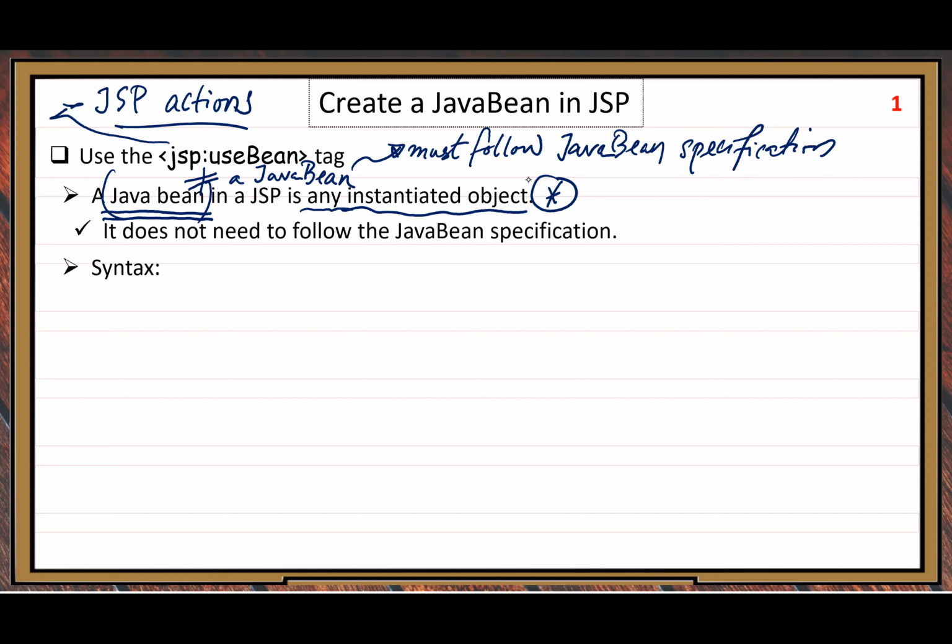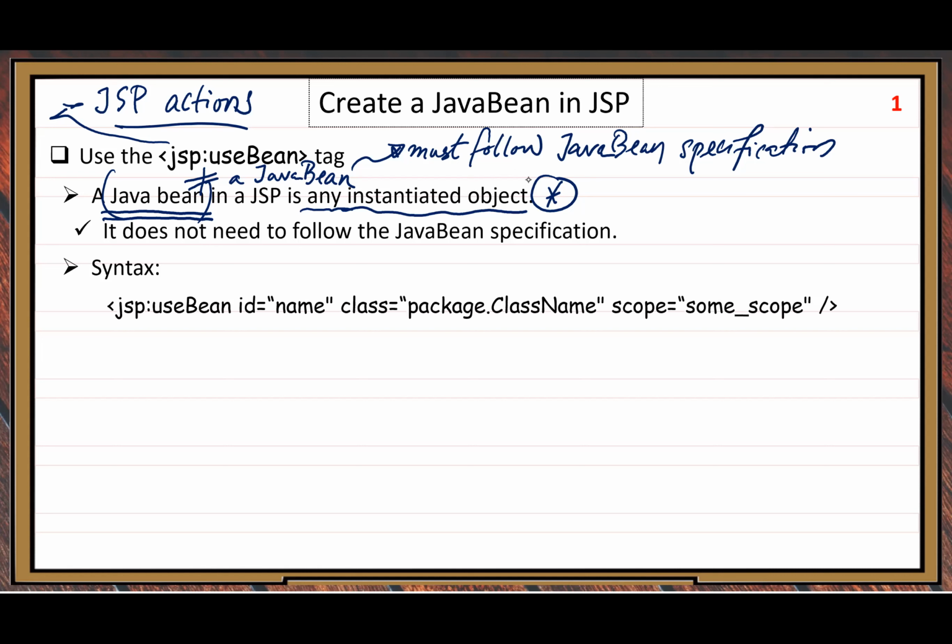Syntax: how to create a bean. Here we use the general bean, but most of the time we use a standard JavaBean. Look at this example, jsp:useBean id. The first attribute we need to use is id.